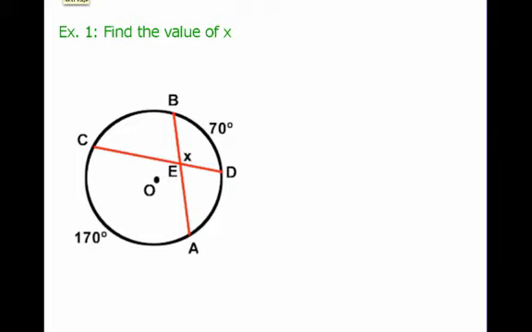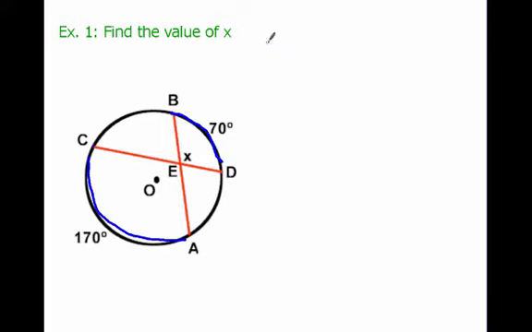We want to find the value of x. We've got x right in here, and the two intersected arcs that we've got are arc BD and arc CA. We've got this angle here.